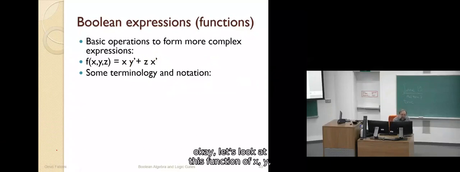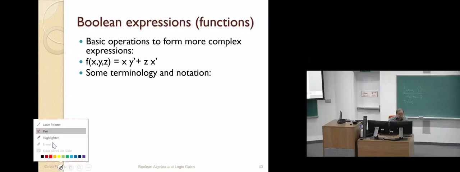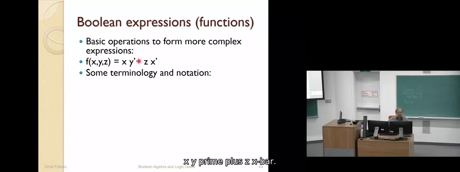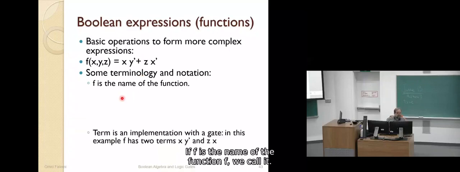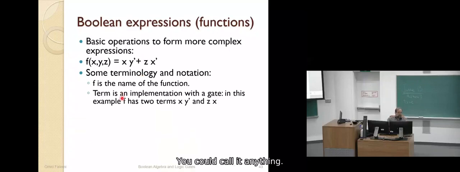Okay, let's look at this. The function of x, y, z is x y prime plus z x prime. F is the name of the function; we call it F, but you could call it anything.